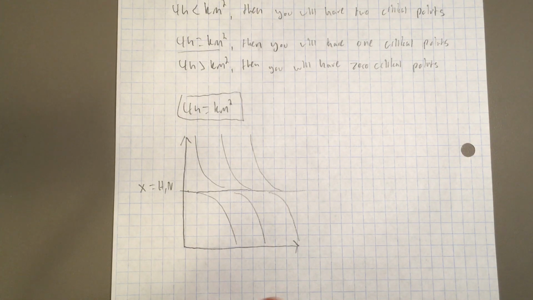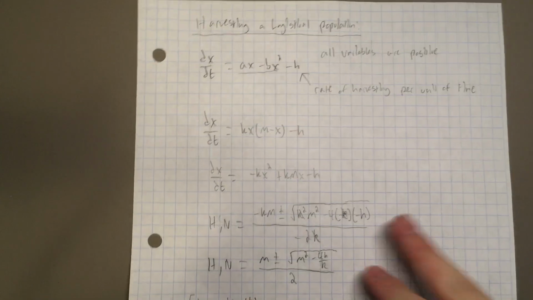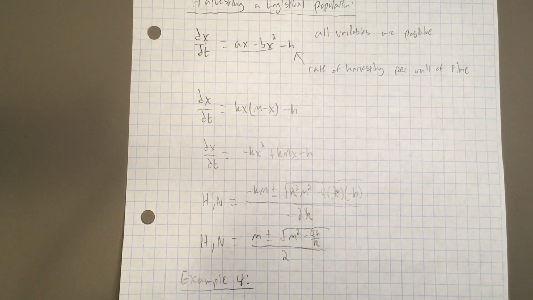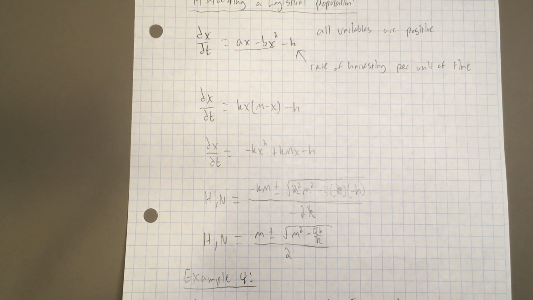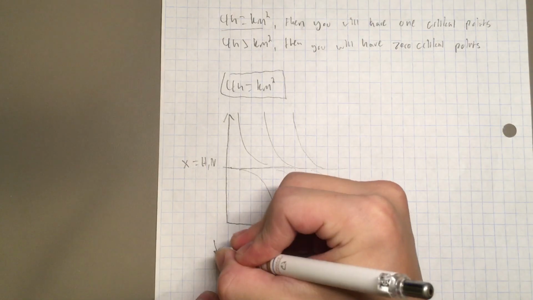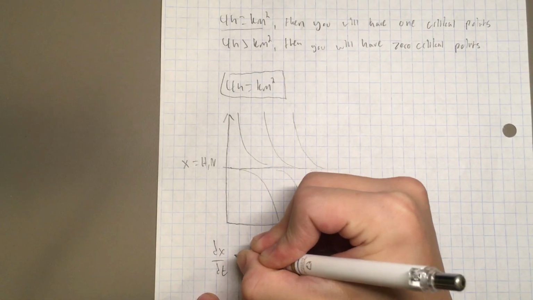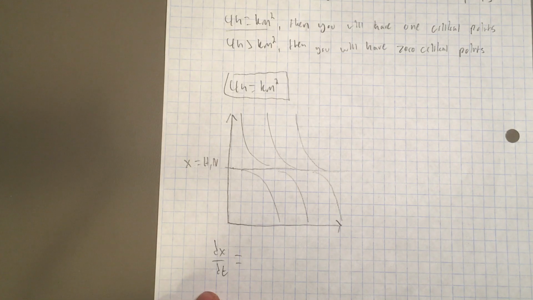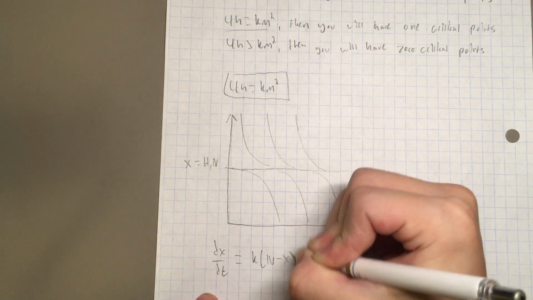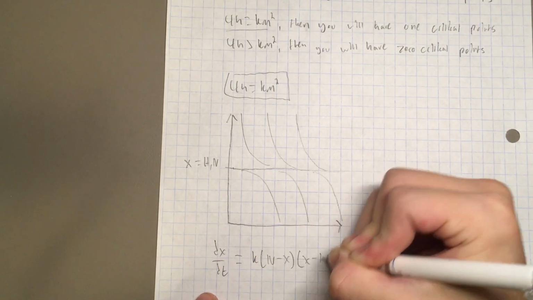And so if we look back to this equation, dx/dt equals negative kx squared plus kmx minus h, and we plug in our critical points, there's a lot of math between these two steps that you need to know. But pretty much what you get is k times (n minus x) times (x minus h).